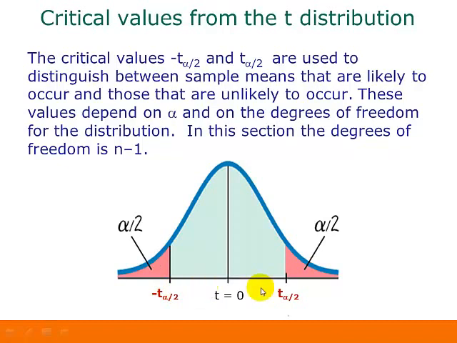And again, since this distribution is symmetric, the easiest thing will be to find the cutoff value on the left, which will be negative t of alpha over 2, and then we'll just take off the negative as it's the positive t of alpha over 2 that we'll use in our formulas.